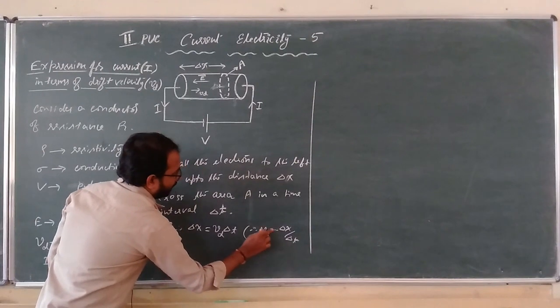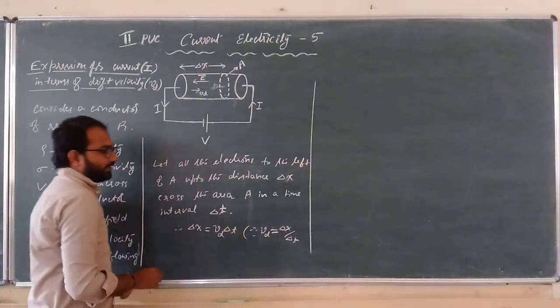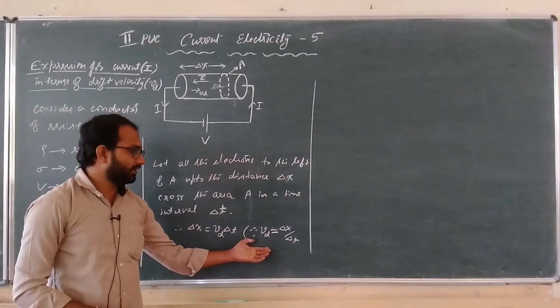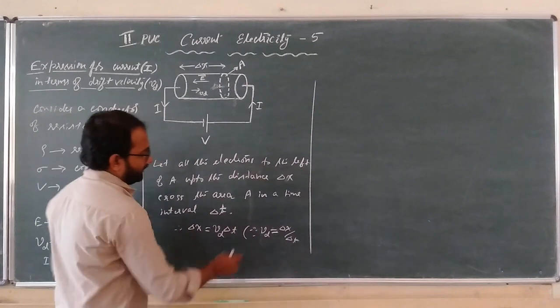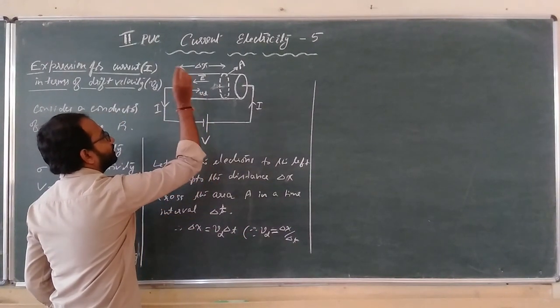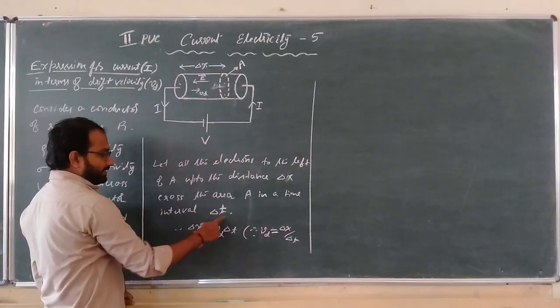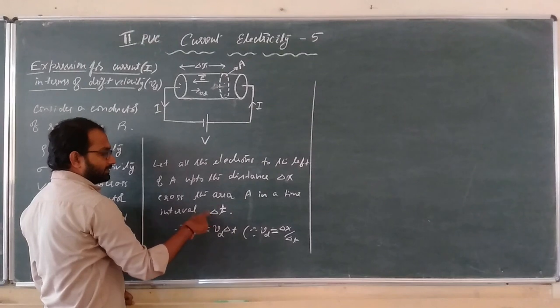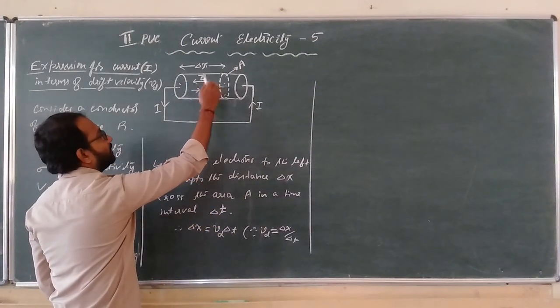The velocity of each electron is Vd, the average velocity with which the electron is moving. Consider an electron here, which reaches here in a time interval of delta t seconds, because we have taken delta t as the time interval in which all the electrons present in this volume will cross.